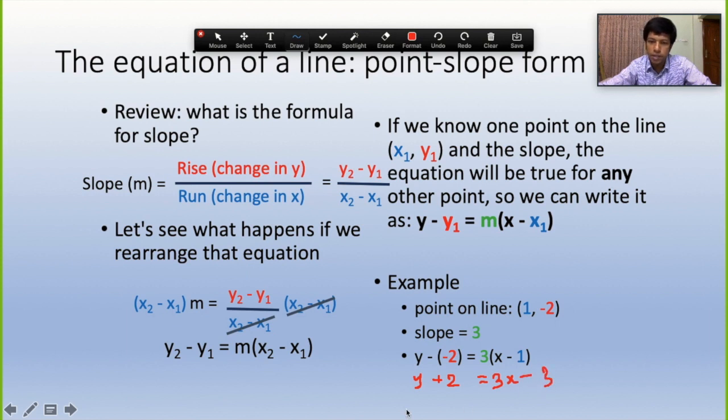We can write it like this. And if we want, we can extend it a bit more: 3x, and we can send the plus 2 to the other side, and it will become minus 2. Minus 2 and minus 3 will become minus 5.